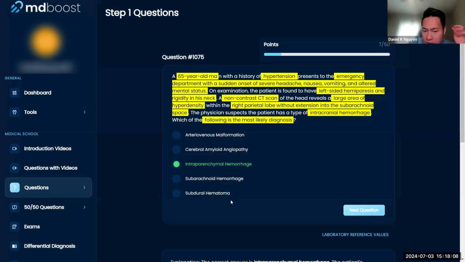That's not what's going on here. And subdural hematoma is usually from trauma or old age, shearing of the venous system, and it's not going to be shown deep within the brain. Intraparenchymal just means deep within the brain. So good, but make sure you understand the terminology here.